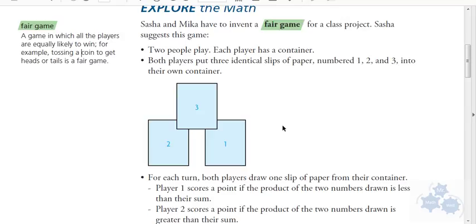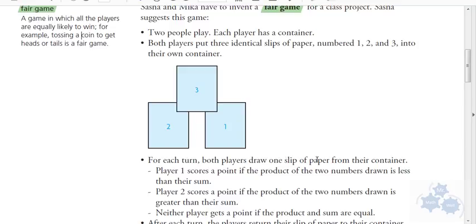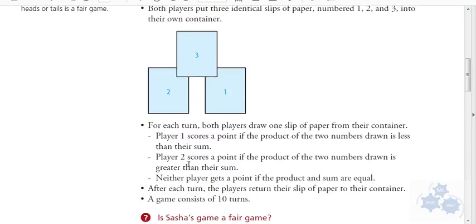What you're going to have to do is randomly draw, okay? Randomly draw a number each time, so it's not the same one, it's just random. And for each turn, both players draw 1 slip of paper from their container. So, you have to figure out who's player 1. Player 1 is the sum player, and player 2 is the product player.